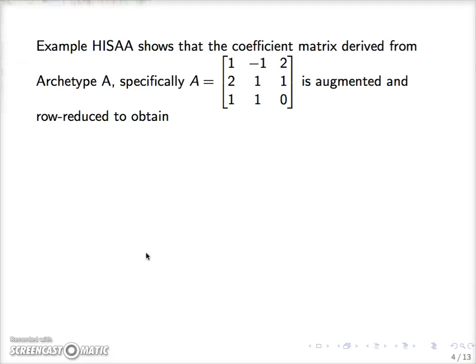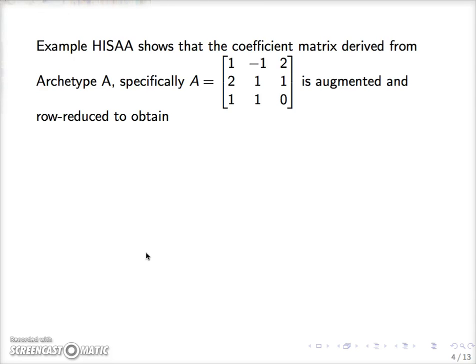And here we have an example. Suppose this is a 3 by 3 square matrix, 3 rows, 3 columns, and suppose we consider this as the coefficient matrix of a homogeneous system.